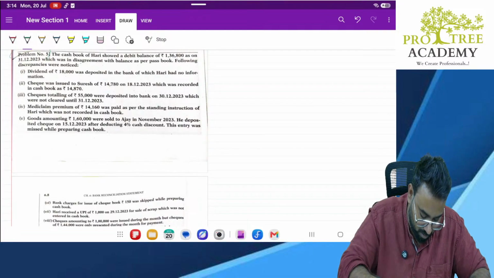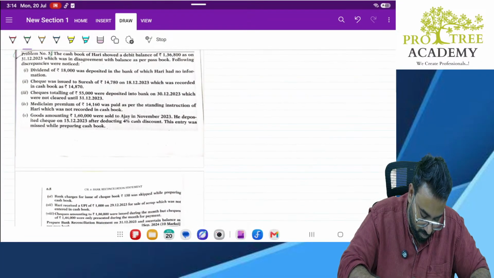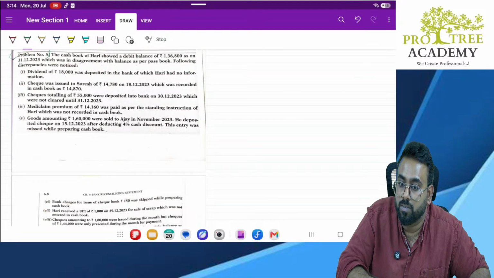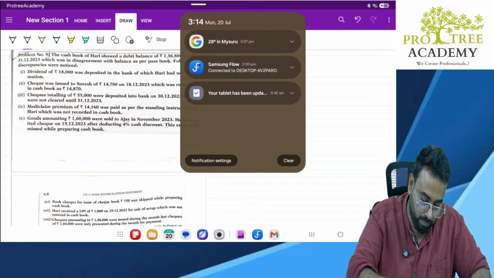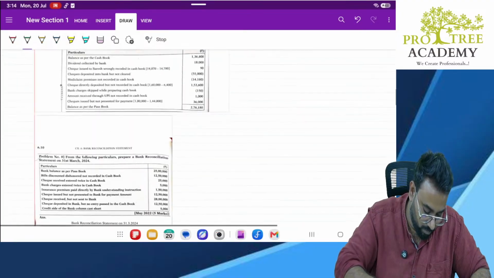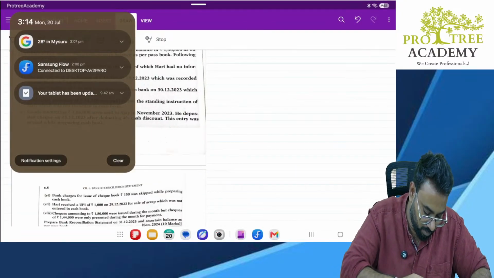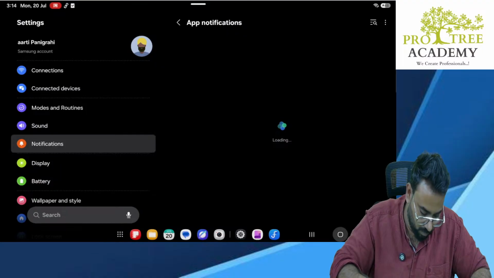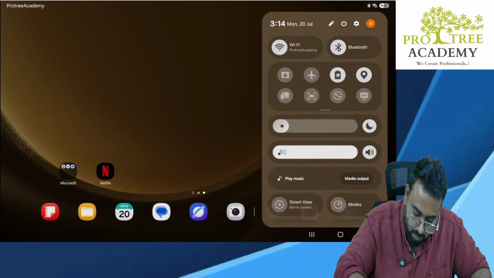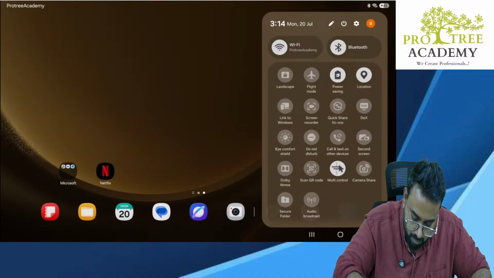Not visible, no? Visible? Oh, sorry. Just a second. Where is the rotate option here?